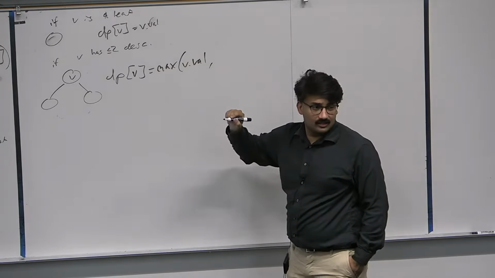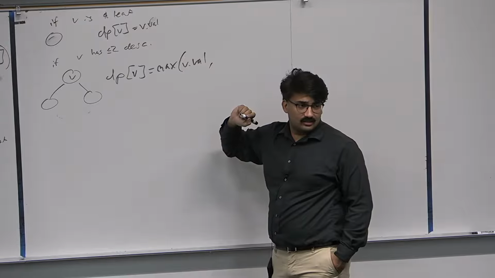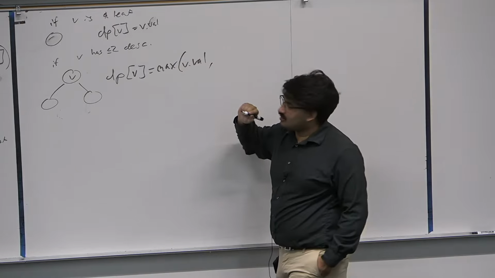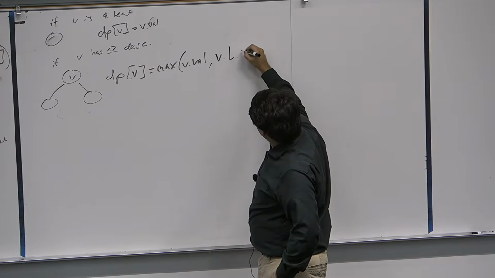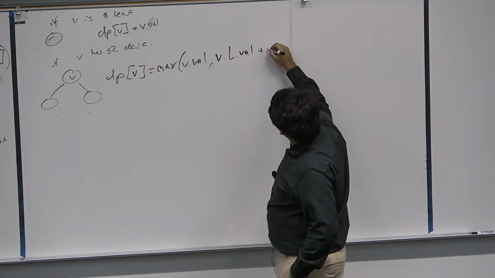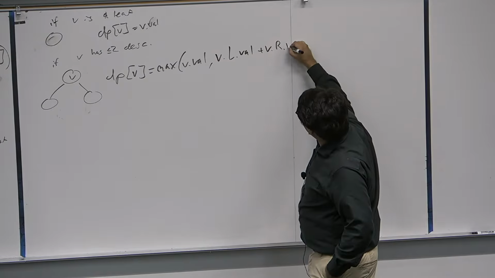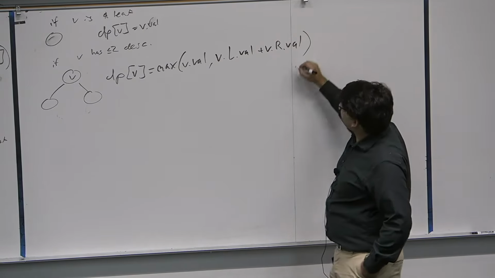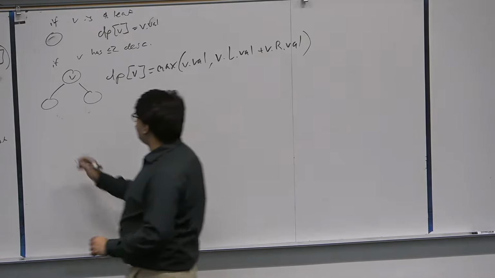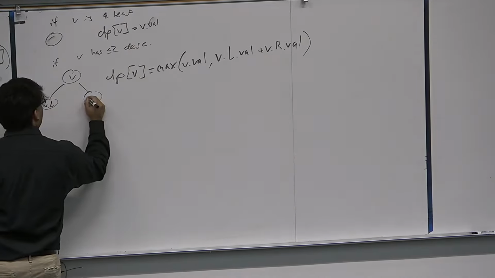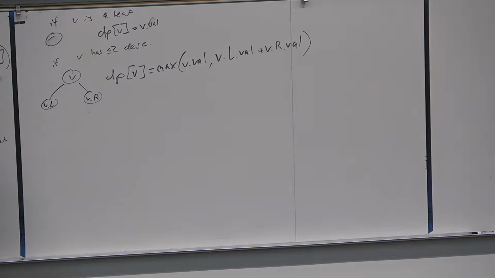Or the value of the 2 descendants. We'll say v dot l dot val plus v dot r dot val. Forgive my notation, this is horrible. But we understand what that means, right? Let's call this v dot l, and let's call this v dot r. Okay, hopefully that works.